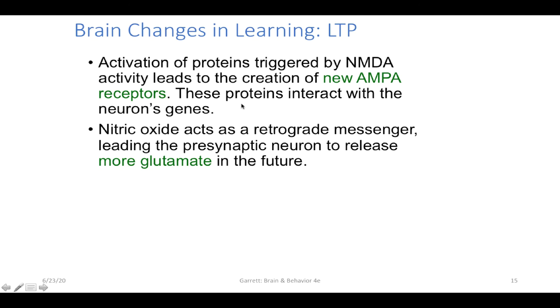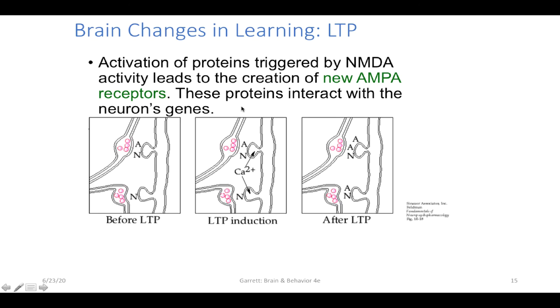Activation of these proteins, these secondary messengers triggered by NMDA receptors, are the ones that lead to these changes. And what these changes are, are new AMPA receptors. These new AMPA receptors then allow that neuron to become more sensitive to the glutamate that's going to come in from then on.